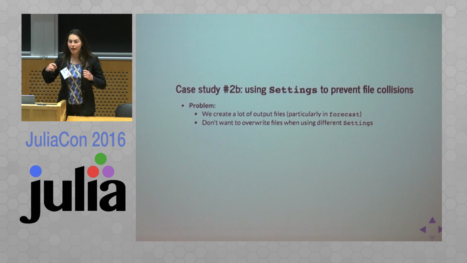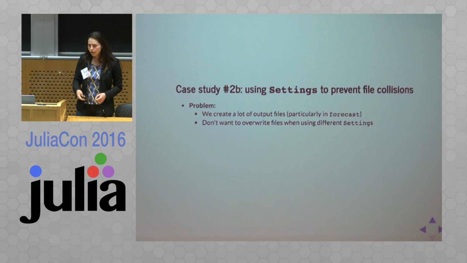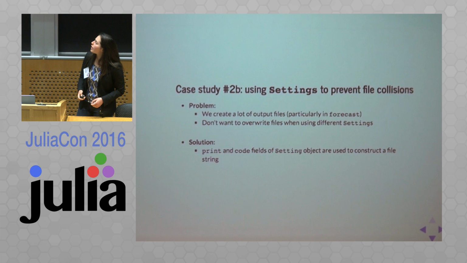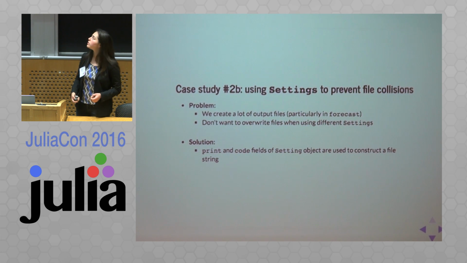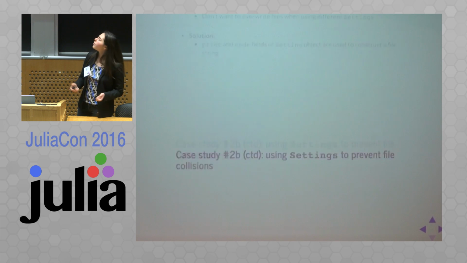And so we just make a bunch of files, and we want to be able to easily identify which files correspond to which time we ran the model with what settings. And so every time we print something to a file, we want to be able to name that file appropriately, and we use settings to do this. So the print and code fields help us do that.